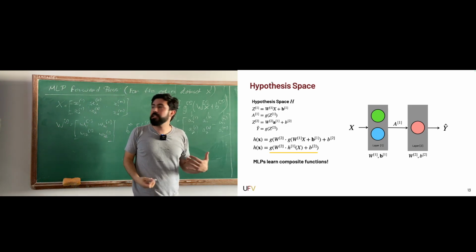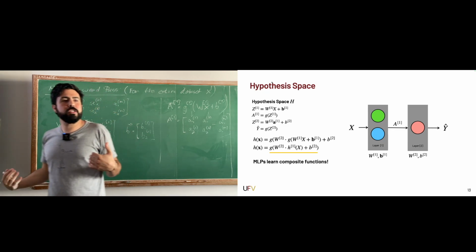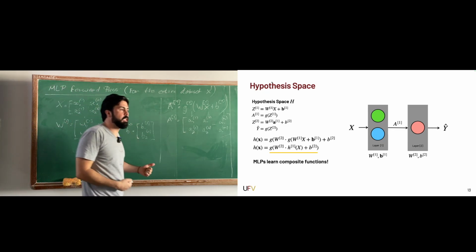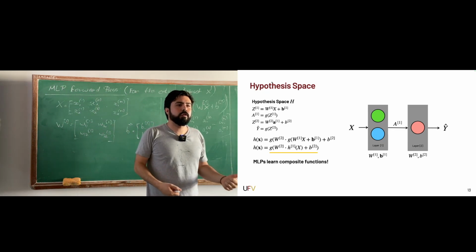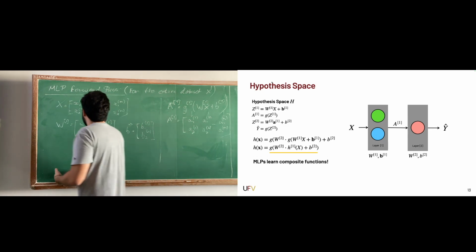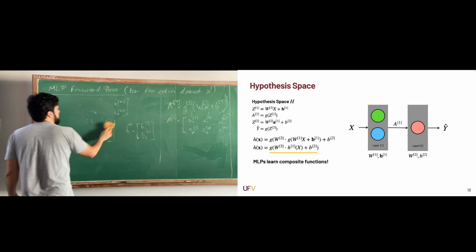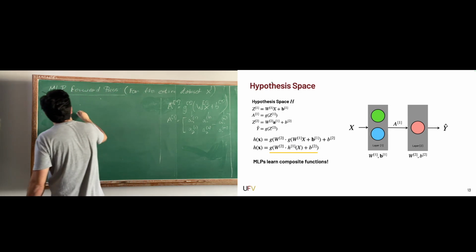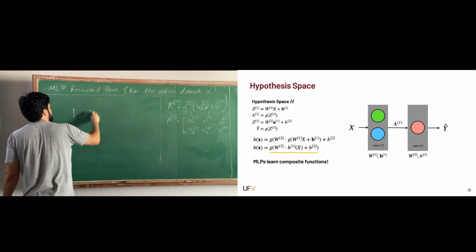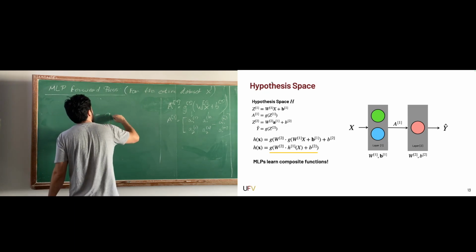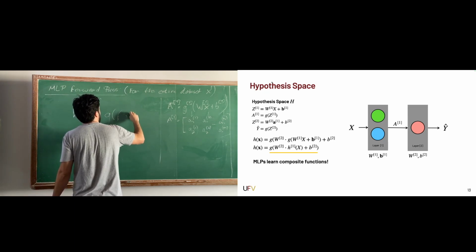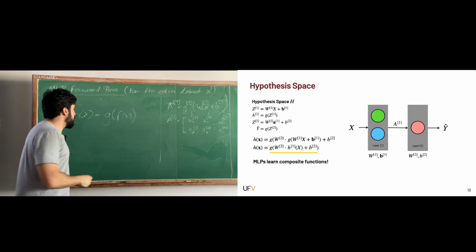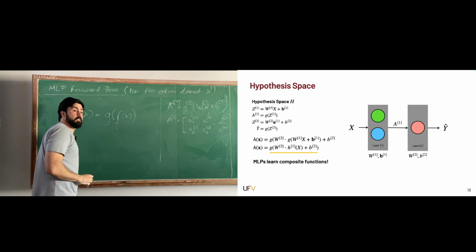So now we can learn to compose functions to solve non-linearly separable problems. So in other words, we are learning functions of the form g of f of x, okay? So our hypothesis now looks like this, g of f of x, where each composition is a layer.